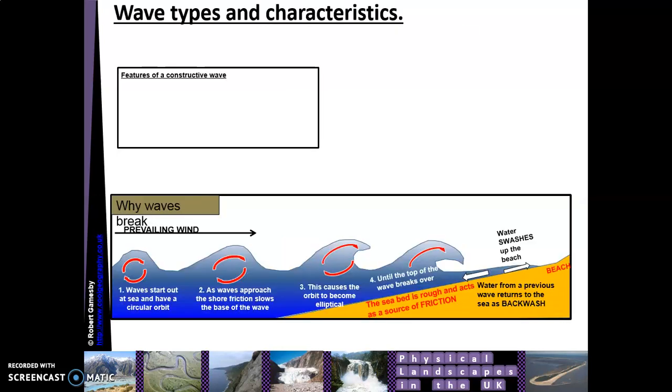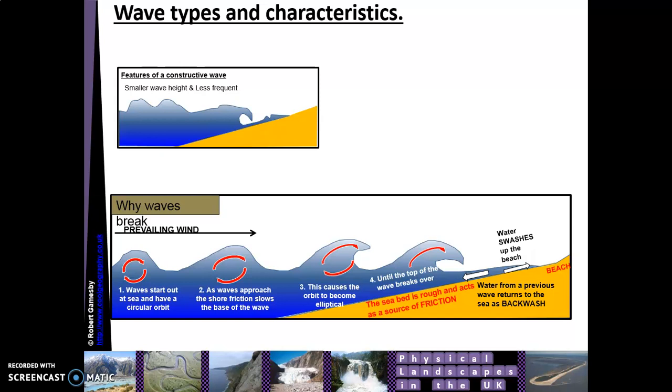So we were talking about the different terminology and characteristics of a wave. But there are two different waves that we've got. We've got constructive waves, which is the top diagram. A constructive wave is where it's constructing something. If you think back to the plate tectonics hazards topic that you will have studied or will study, there you've got constructive plate margins, and that's where something is being created.